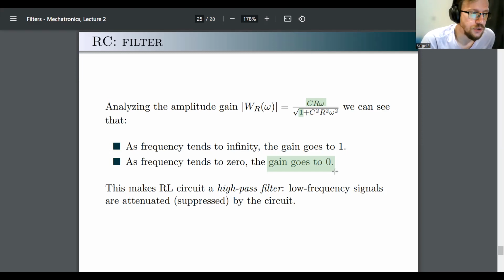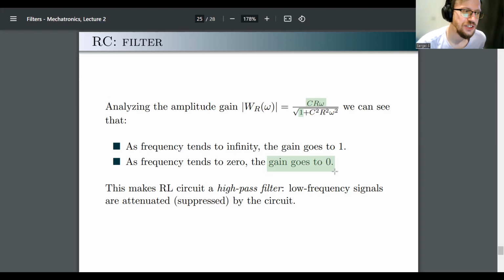And that's exactly what's going to happen after the transient process is over. On low frequencies, when you have a constant signal, for example, the whole circuit will just stop passing the signals through, right?